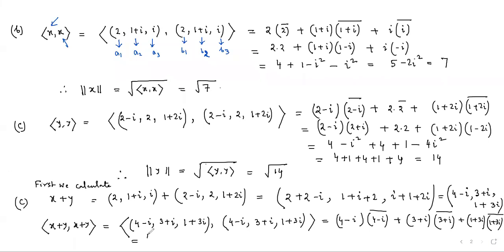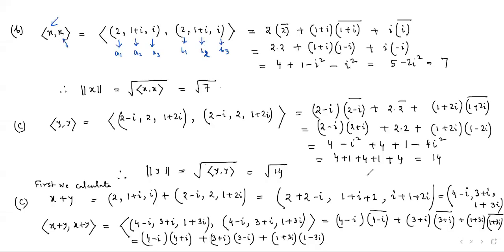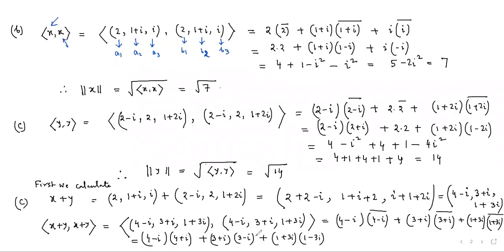Okay, and this is equal to 4 minus i into 4 plus i. This is 3 plus i into 3 minus i. And this is 1 plus 3i into 1 minus 3i. And if I do it, we get 4 square minus i square, that means 16 minus i square, plus 3 square minus i square, that is 9 minus i square.